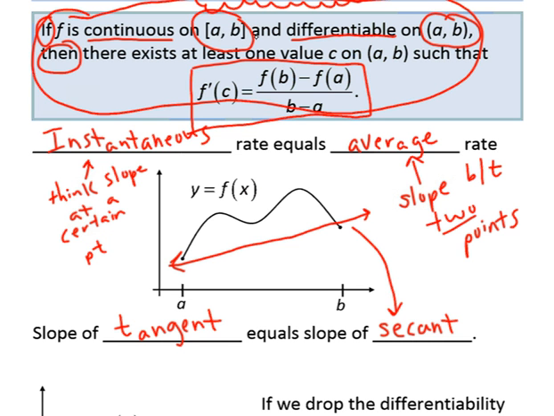Whatever this slope is, this has some kind of slope. And how would you calculate that slope? Well, you would use your slope formula. f of b minus f of a is just simply your slope formula, y2 minus y1 over x2 minus x1. That's essentially what it is.